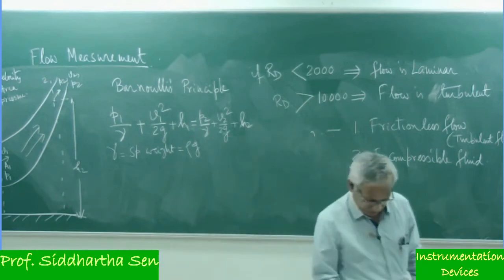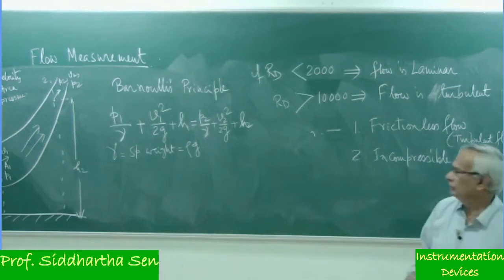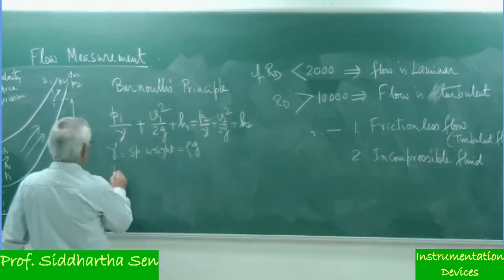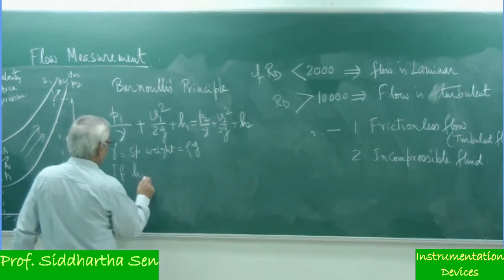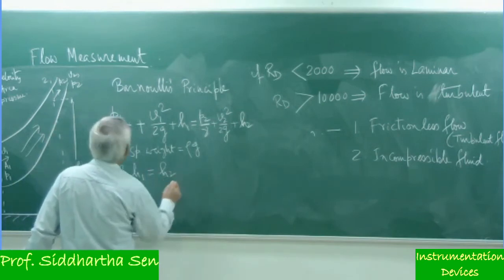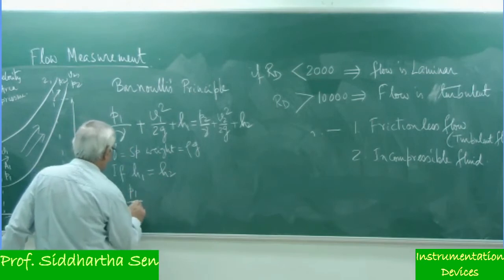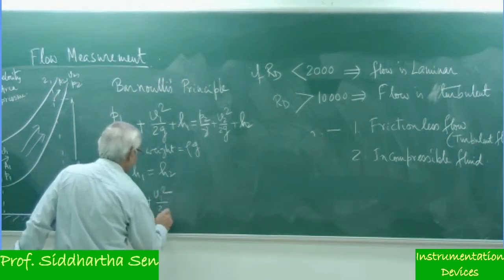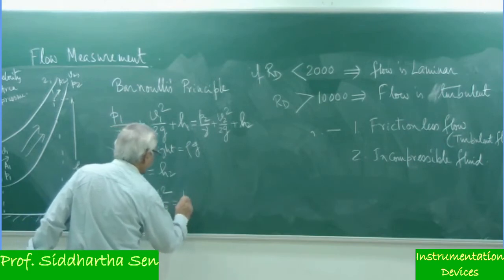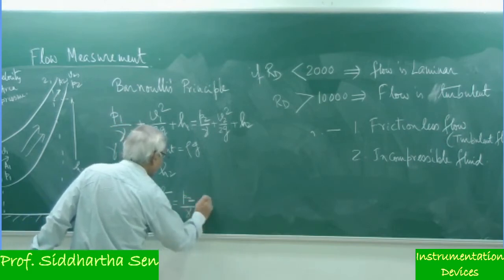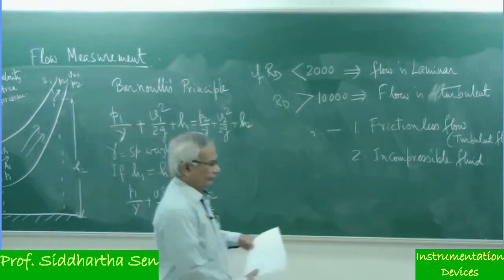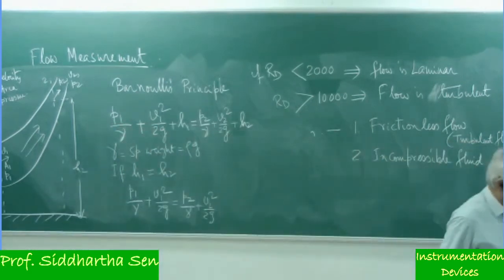Okay, so we try to simplify that. If H1 is equal to H2, then P1 by gamma plus V1 square divided by 2G is equal to P2 by gamma plus V2 square divided by 2G.